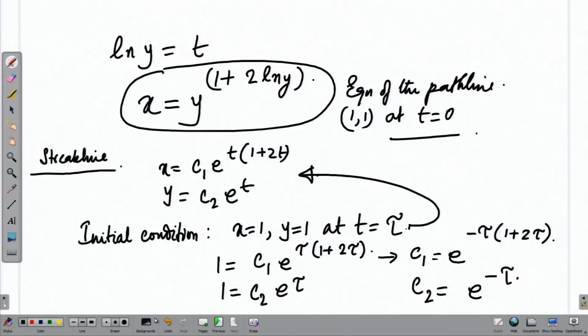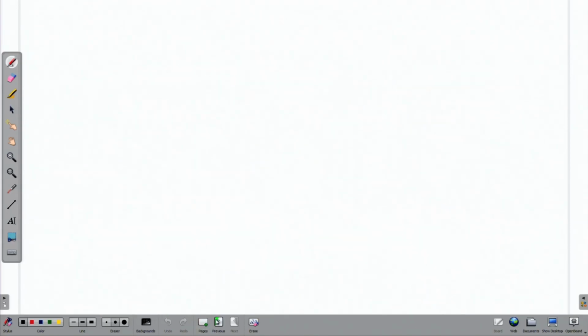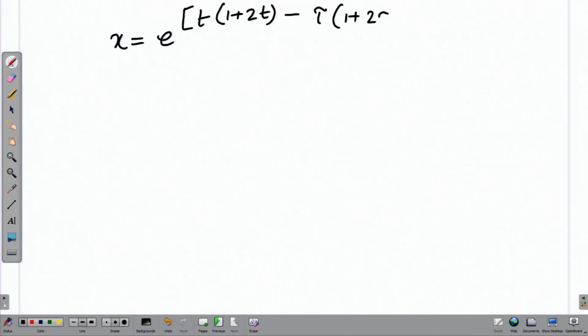These are going to be the values of the constants, and then if you plug them in, you get an x equation which looks like this, and y equation will look like this. You see, it has dependency on both t and tau.